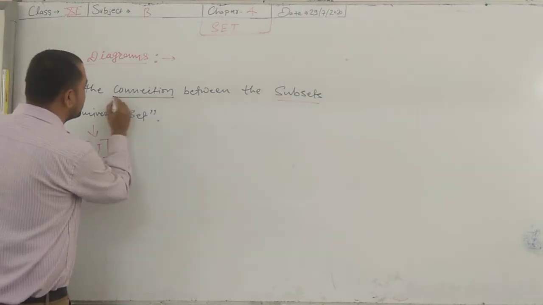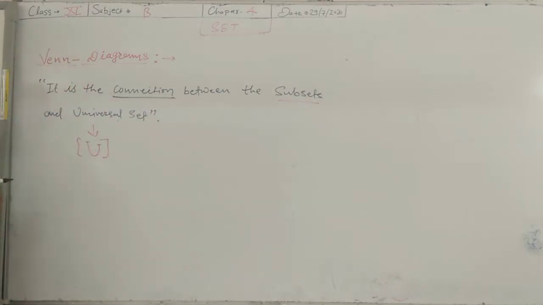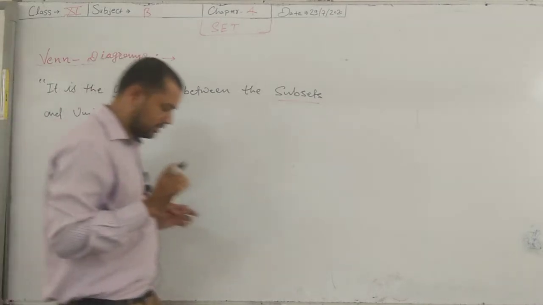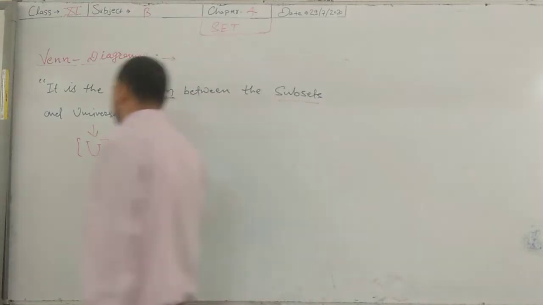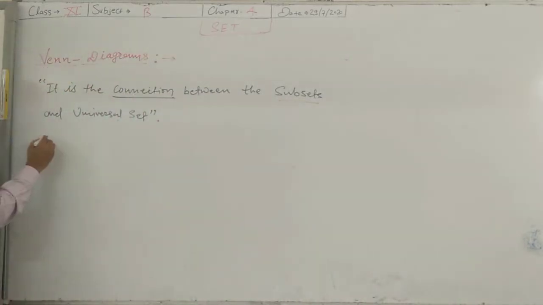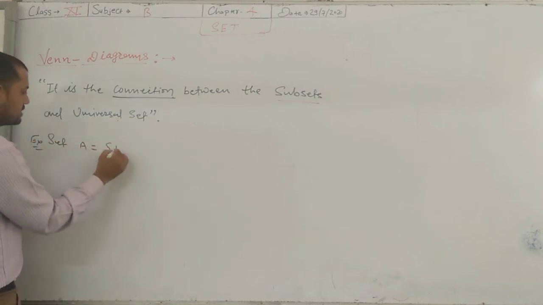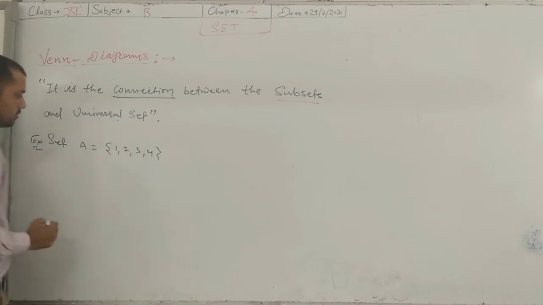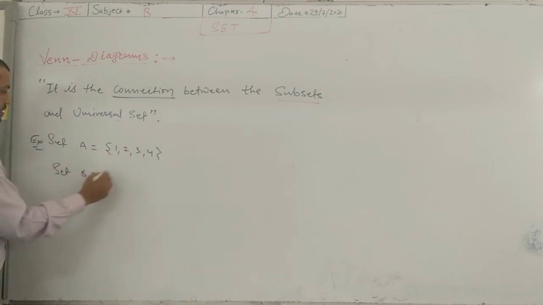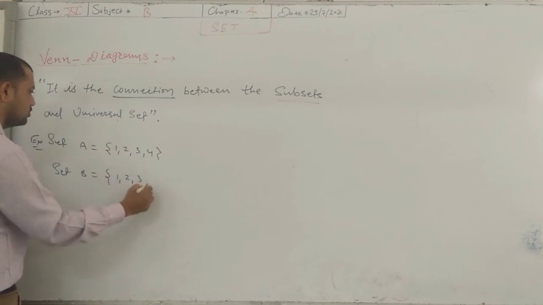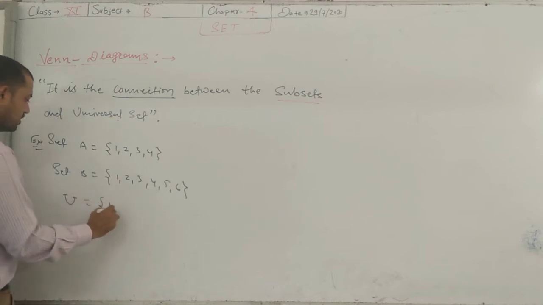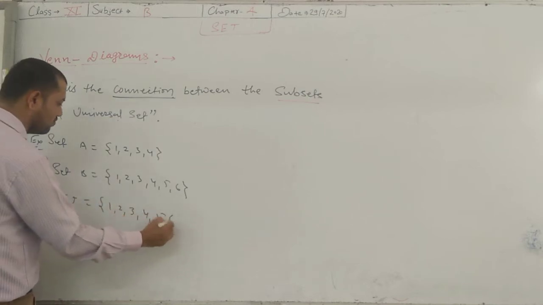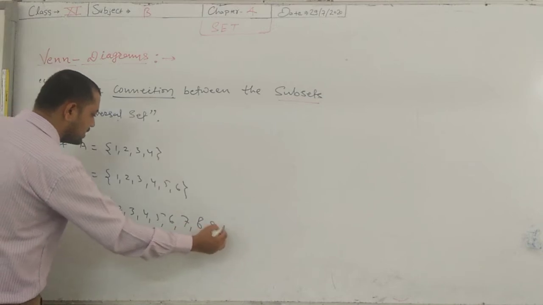It is a graphical representation, just like the way we represent the sets and the universal set. For example, set A is 1 2 3 4, set B is 1 2 3 4 5 6, and our universal set is 1 2 3 4 5 6 7 8 9 and 10.